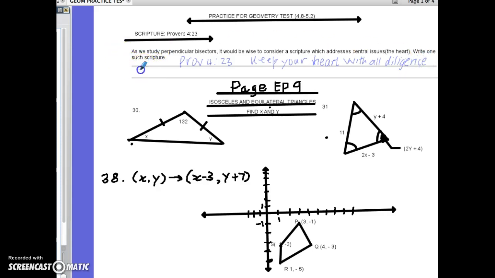For out of it spring the issues of life.